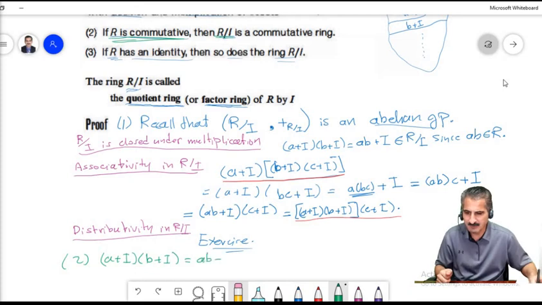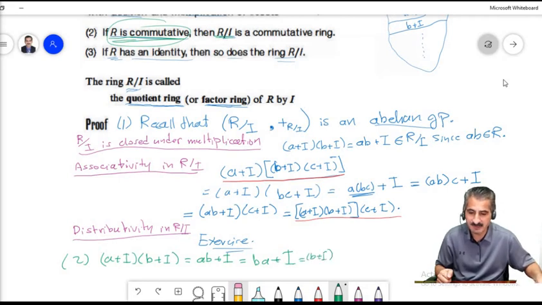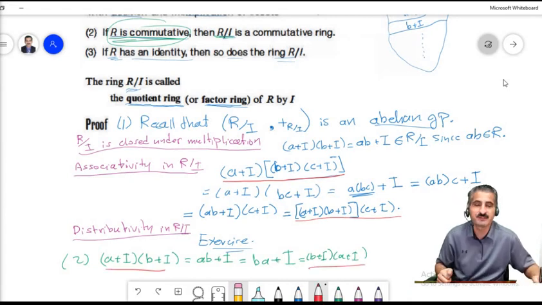Can we do so? Now, since we are assuming R is commutative, ab is the same as ba. So we will rewrite this coset, and this simply equals b plus I times a plus I, and then this equals that, and R over I is commutative.